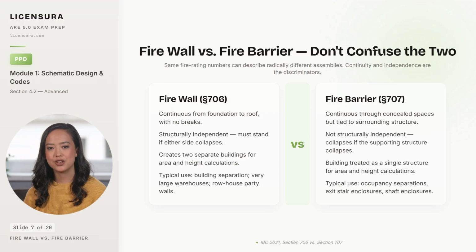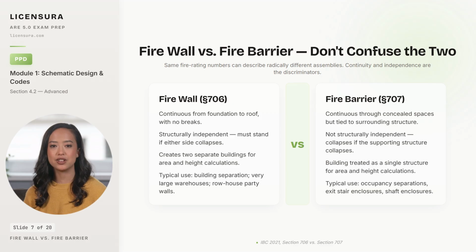The price is the construction detail: heavy framing, masonry or concrete cores, robust parapets at the roofline, and detailing that survives partial collapse of the surrounding structure. The use cases are building separation in very large projects, row house party walls, and any case where the architect needs to break a single mass into smaller, calculable buildings.